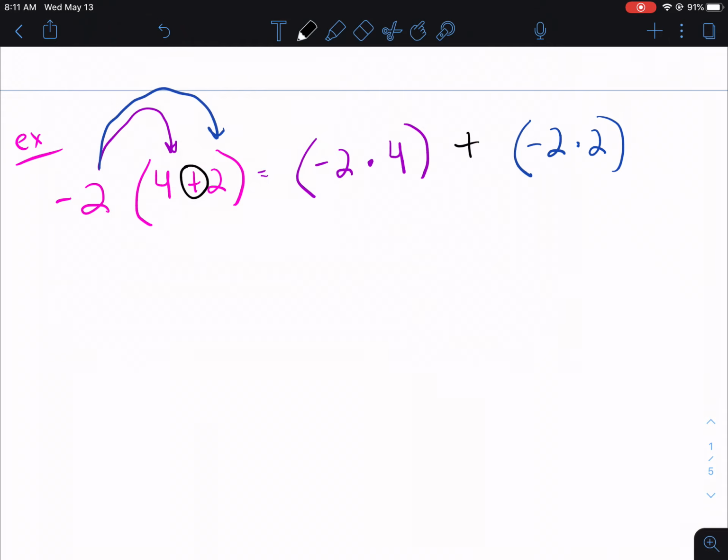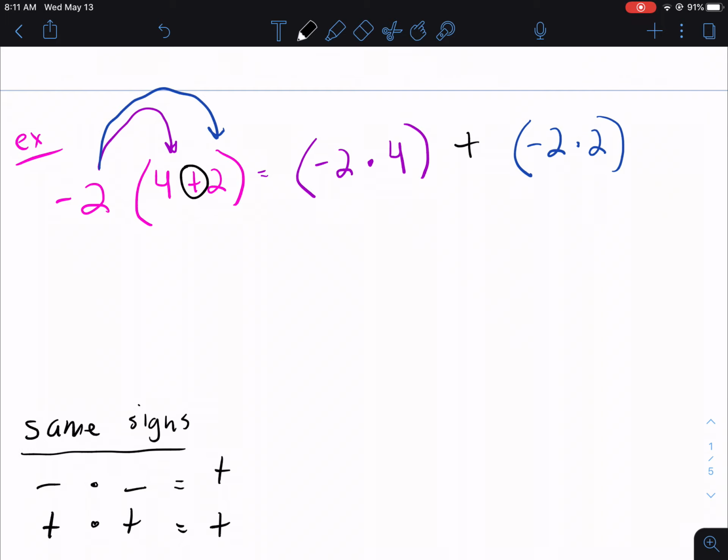Now, I'm going to write down here, if you have the same signs, negative times negative equals positive. Si tienen el mismo signo, negativo por negativo, es positivo. Positive times positive, it is positive.